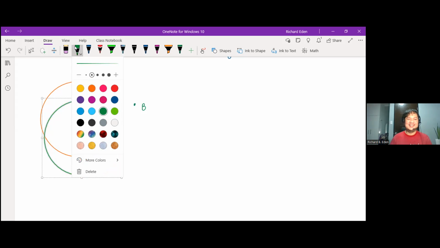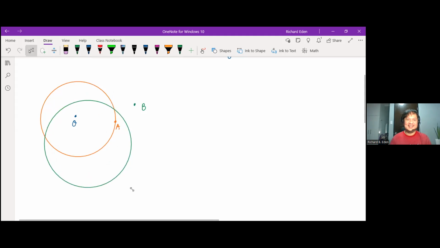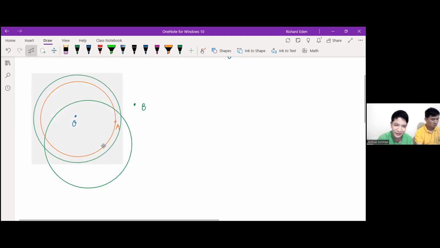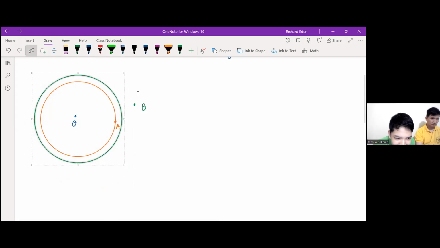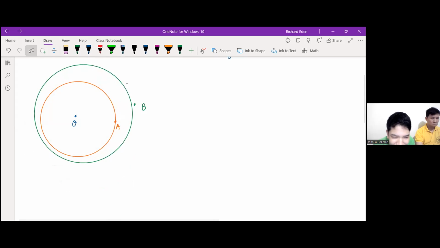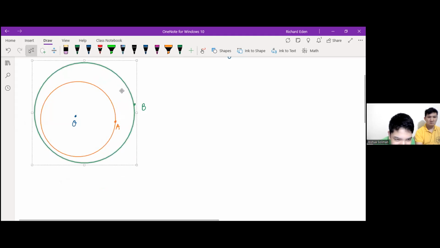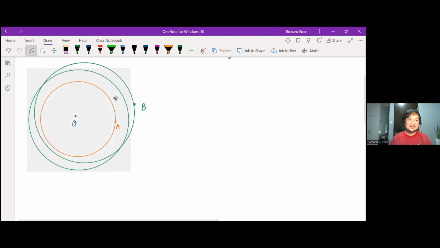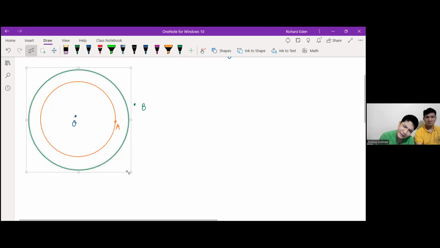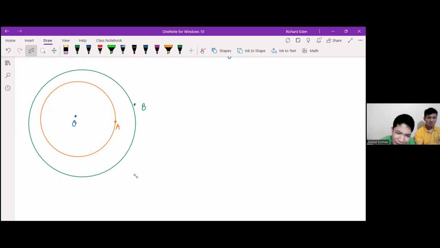Okay. Bro, instead of drawing a green circle that is slightly bigger, decides to literally use the same circle, change the color and expand it. Dapat concentric pa rin. It looks like O is the barycenter.